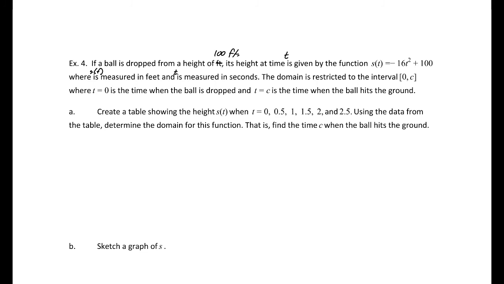The domain is restricted to the interval 0 to c, where t equals 0 is the time when the ball is dropped, and t equals c is the time when the ball hits the ground. So let's go ahead and make a table and see what is going to happen to this ball over time.